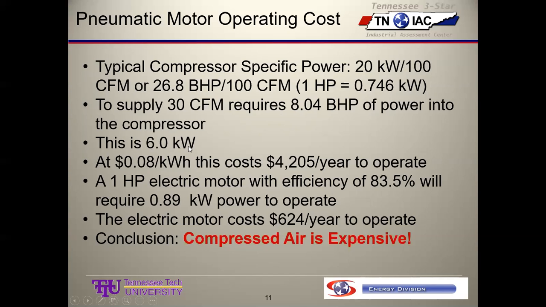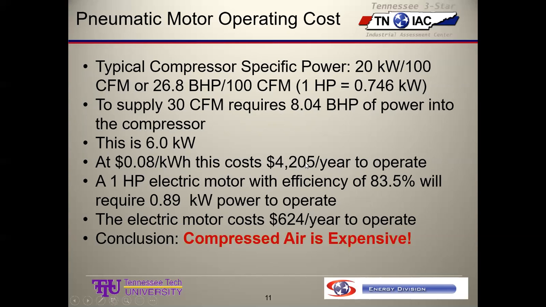So let's say electricity costs 8 cents a kilowatt hour. If you just multiply that out, you get a little over $4,200 a year to produce the compressed air it takes to operate this motor.